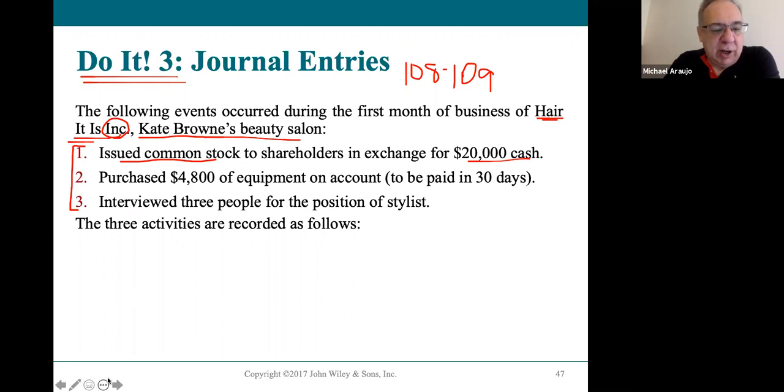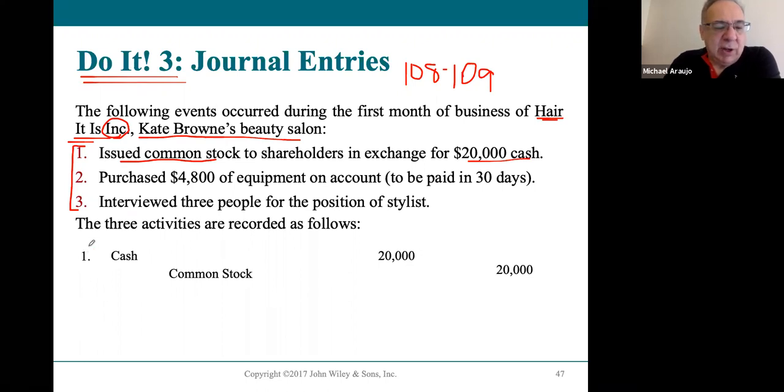How would it look on a journal entry? Well, again, this is not a proper journal, but it's just what they have here. So in terms of the first entry corresponding with this, we would have a debit to cash. Know that this is the debit column and this is the credit column.